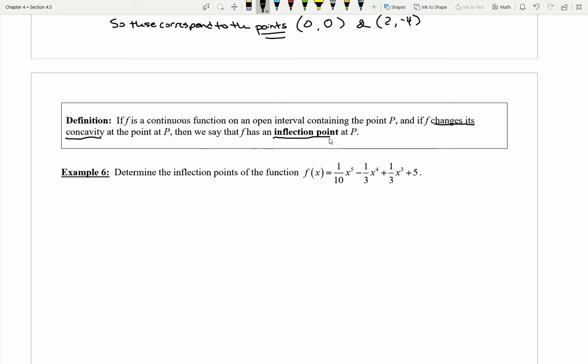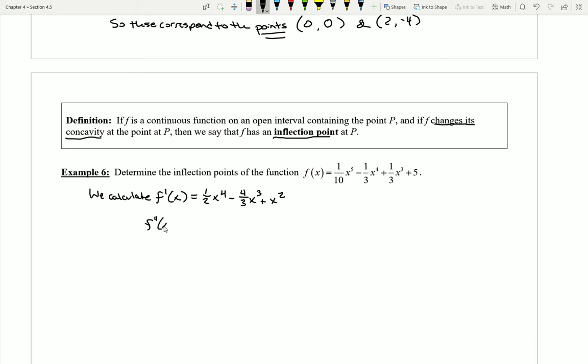Keep in mind, the second derivative so far is useful for finding concavity and inflection points. So let's go ahead and start to calculate this. We calculate f prime of x. Let's see, if I bring down the 5, I'm going to get a 1/2 x to the 4th, minus 4/3 x to the 3rd, plus an x squared, and the 5 just disappears.